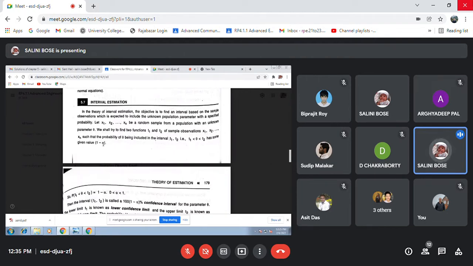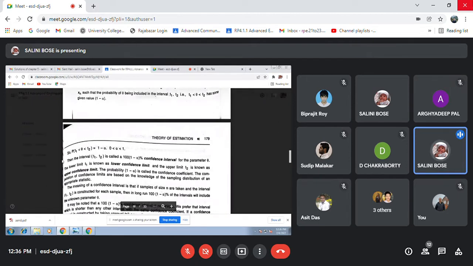Alpha is the upper limit of error in the confidence level, and 1 means the total probability. So we can write that the probability of theta lying between T1 and T2 is equal to 1 minus alpha, where obviously alpha should be greater than 0 and less than 1.